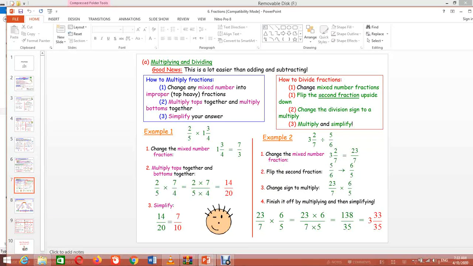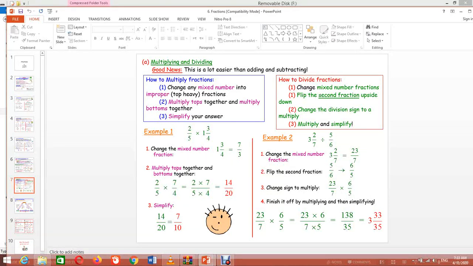The first thing to do is to change the mixed number, which is 1 whole number 3 over 4, into an improper fraction. We multiply 1 by 4, which is 4, then plus 3 giving us 7.